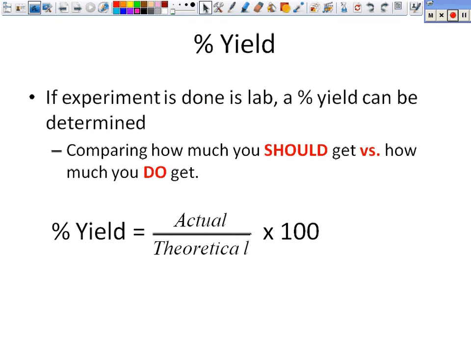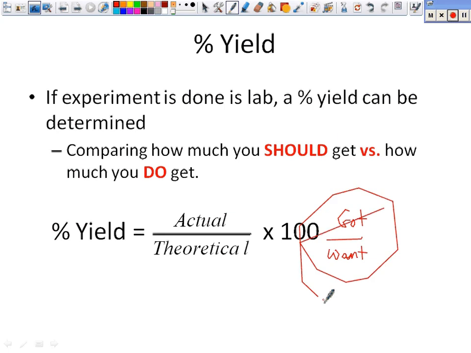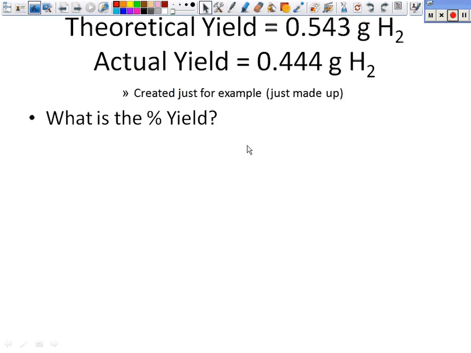So it's what you got divided by what you want, the actual over theoretical. Got over want. All right. Find the percent yield for that one right there.